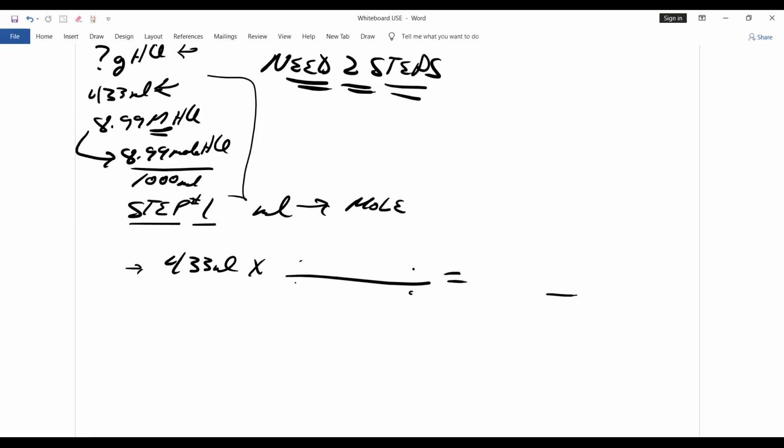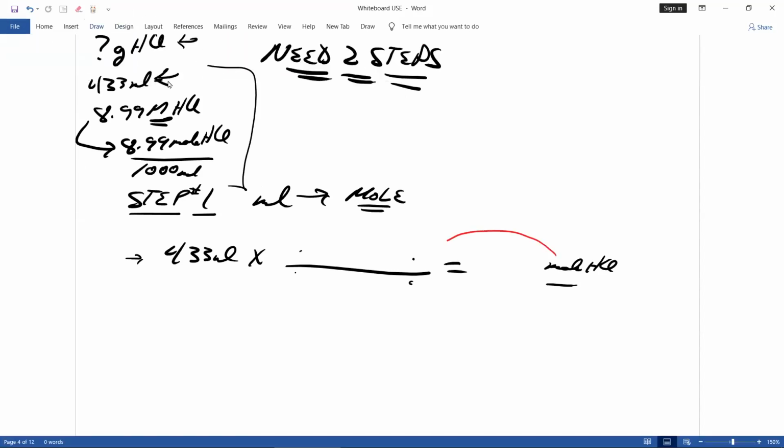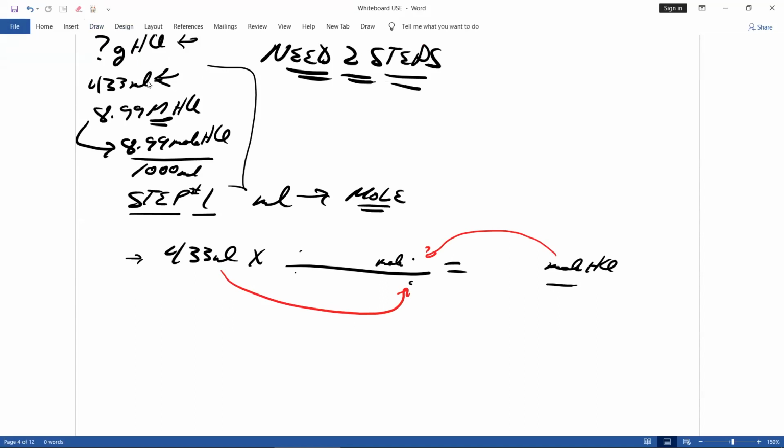What are we trying to get to? We want to get to moles. So we need moles of HCl. Use your good buddy, your good friend, unit analysis. Whatever I'm trying to get to goes on top. Whatever I'm trying to get rid of goes underneath. And I'm going to write those values in, or the words, moles HCl, milliliters. Where do I get these numbers?